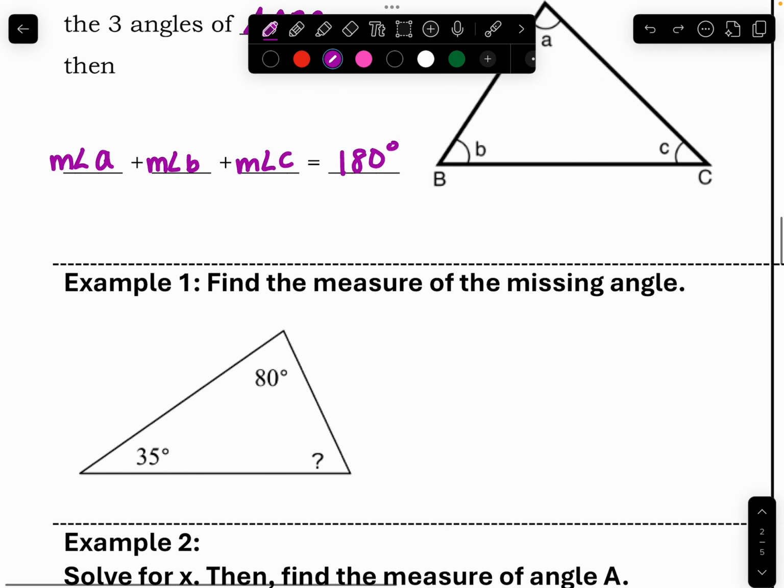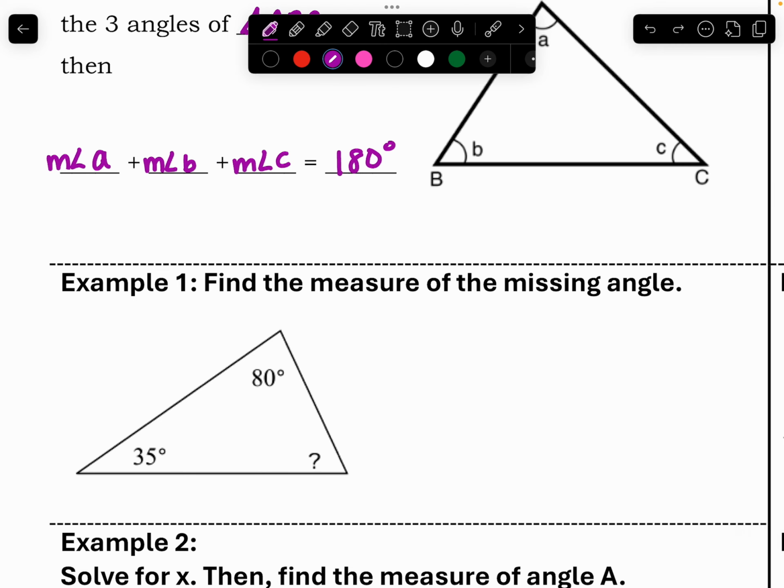So let's practice with this example here. Pause if you guys need to. Example 1, find the measure of the missing angle. So here we would do 80 plus 35 plus question mark equals 180. You would combine like terms. This is 115. You guys are not allowed to use calculators. I want you guys to try this without calculators. 115 plus question mark equals 180.